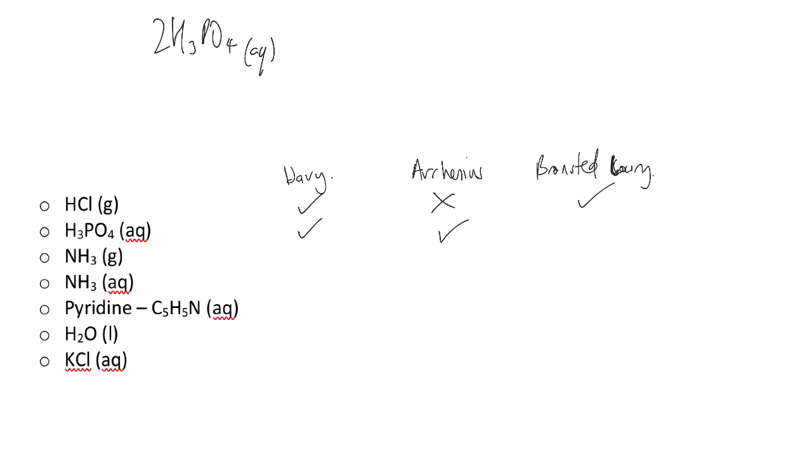Okay, so if we were to say that this substance, and especially because it's a weak acid, that's why we keep it together, I mean don't split it into H plus and PO4 3 minus. Okay, add it to some OH minus, that would turn into H2O and PO4 3 minus.